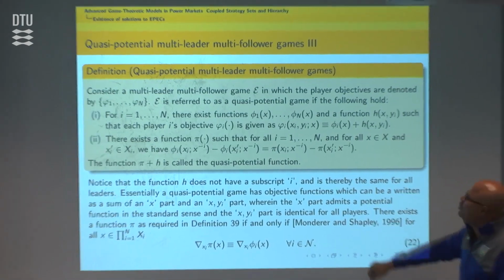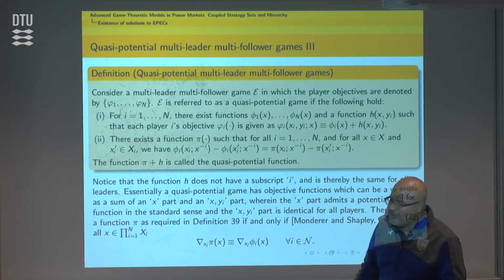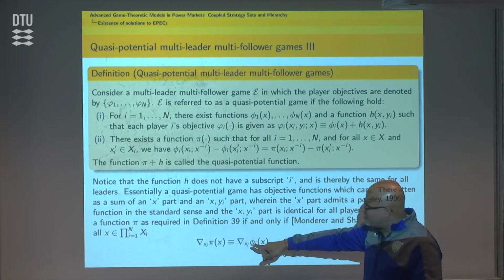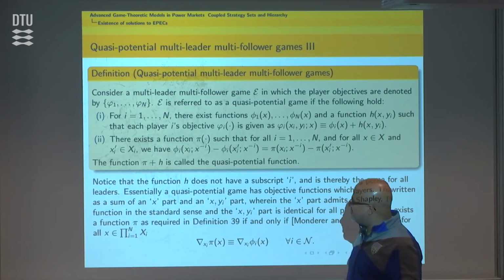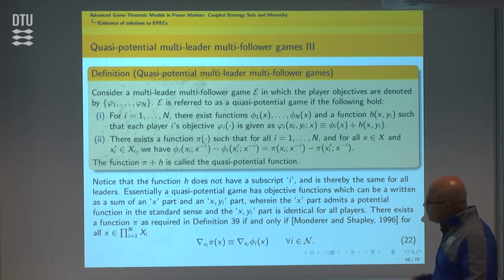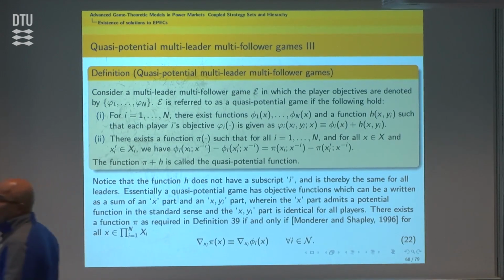But effectively, if you take limits and divide by this, what do you find? It's the gradient, right? So the gradient of the potential function has to match the gradient of that specific payoff function or cost function for all x and for all i, okay? So if that holds, then the function pi is a potential function.